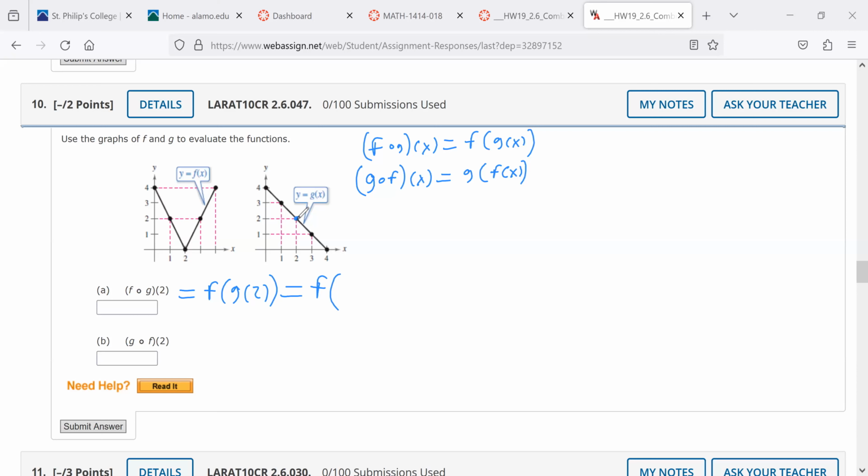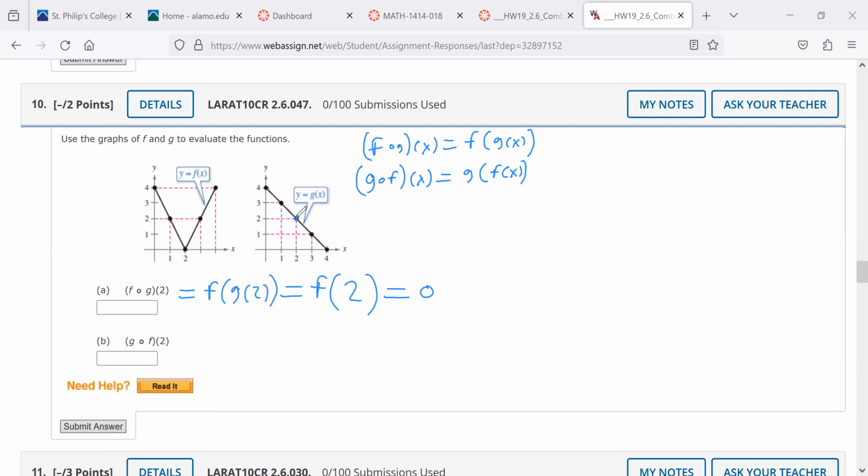So 2 will be here. Now what is f of 2? Yeah. 0. So we found the composition of f and g at 2, which means you're inputting 2 into g, and that output is then going into the f.